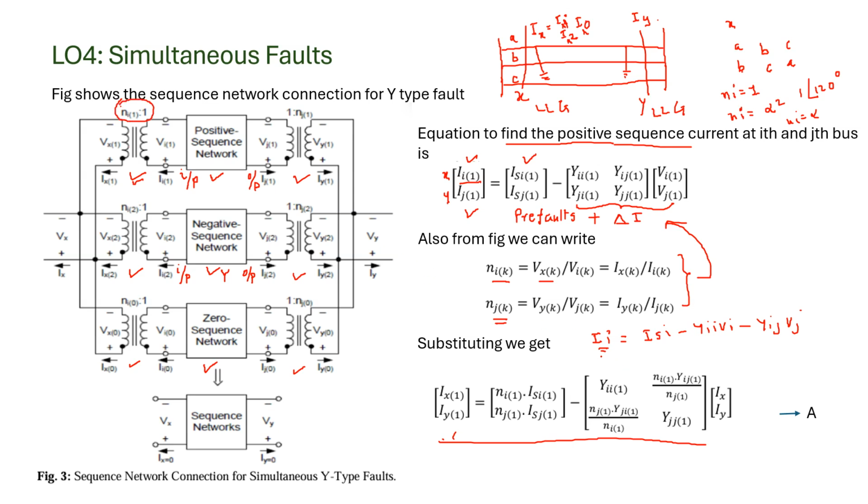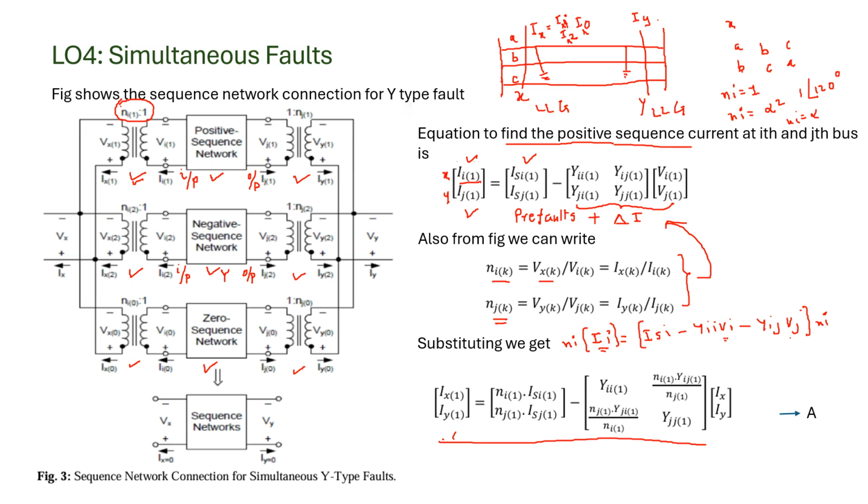So now we have to multiply this entire equation by Ni, so that you can take care of the line on which the fault has taken place. So we have to multiply this entire equation by Ni. But what is Vi? This also we have to substitute.